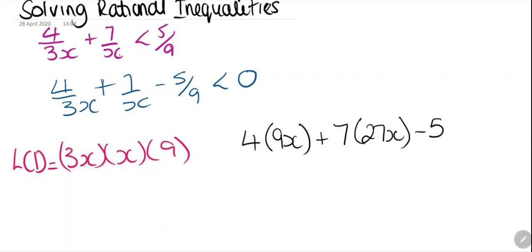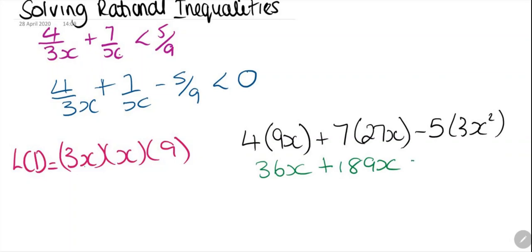Now the 9 will simplify, so I just need to multiply this by 3x squared. And I can go ahead and simplify, or distribute, so it's going to be 36x plus 189x minus 15x squared, and this is less than 0.